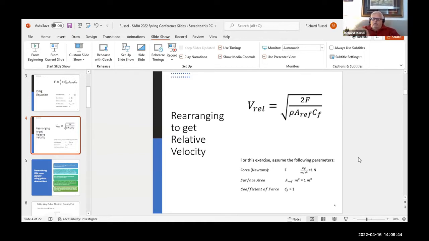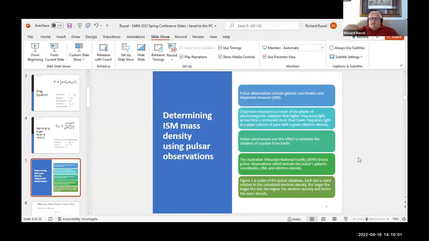And from what I already told you, we have an idea what that density is based on the dispersion measure from the FRB and the pulsar observations. So what do the pulsars give me?